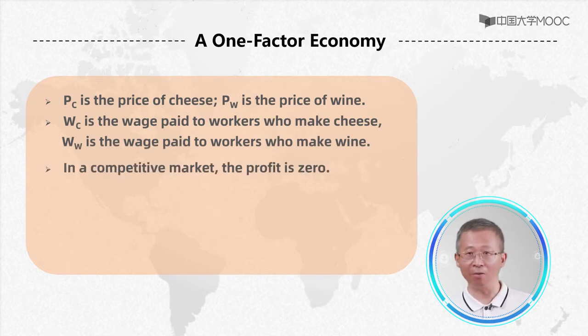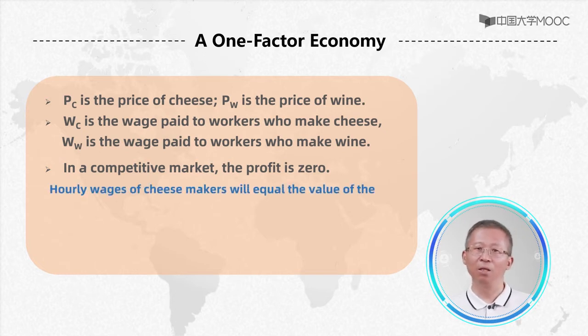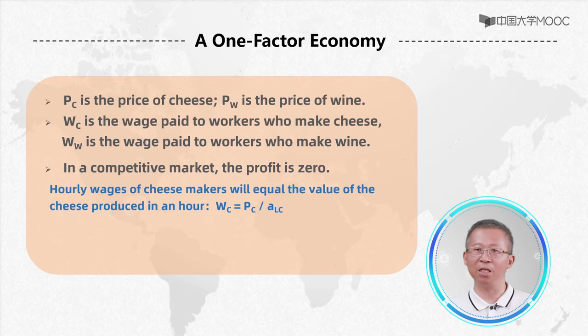In a competitive market, the profit is zero. So the hourly wage in the cheese sector will equal the value of what a worker can produce in an hour. A worker can produce 1 over aLC in an hour, so the value of what a worker can produce is PC over aLC.